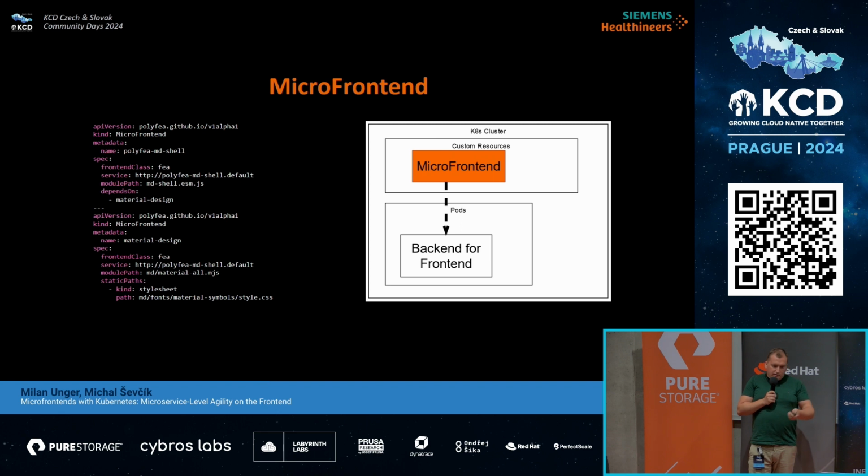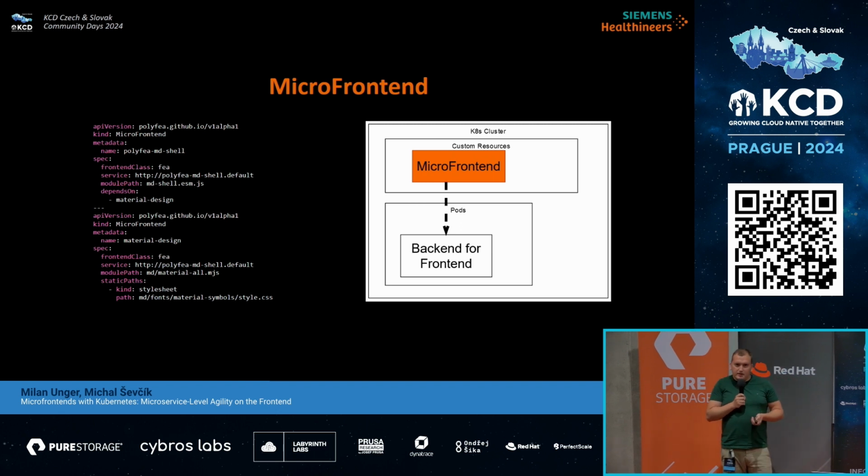Then you have some service reference. This can either be internal service inside of Kubernetes or some external site also. Then there is a different option that you will have to disable where it's not proxying through our server. Then you have the module path that you want to load, and you can load multiple modules from the same service, but you would need to use different microfrontends.